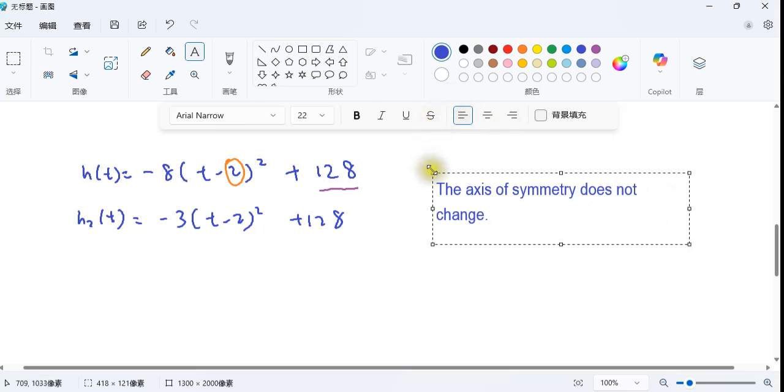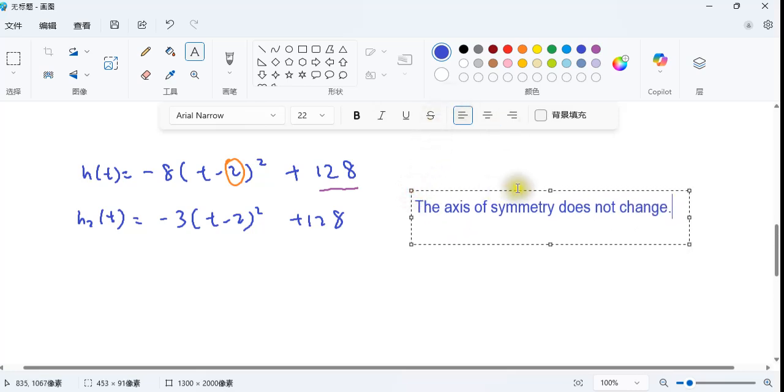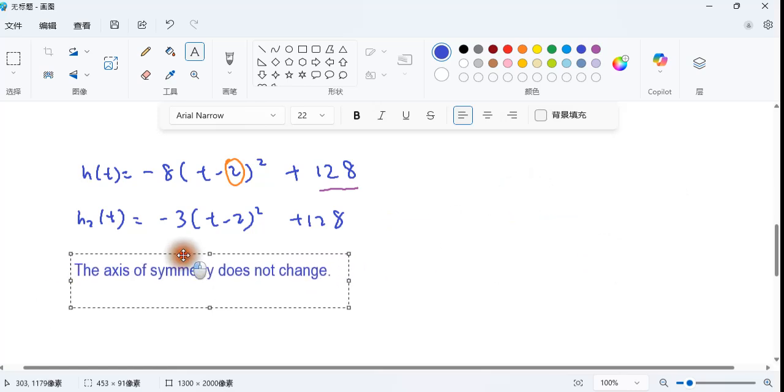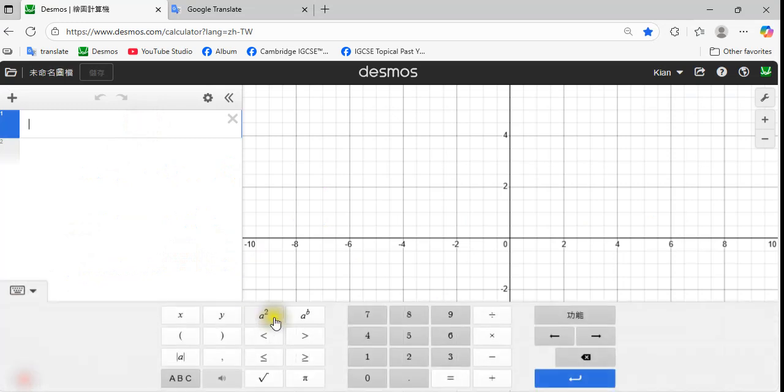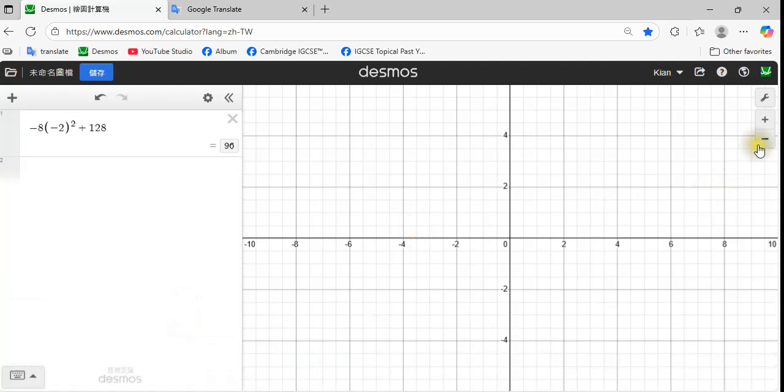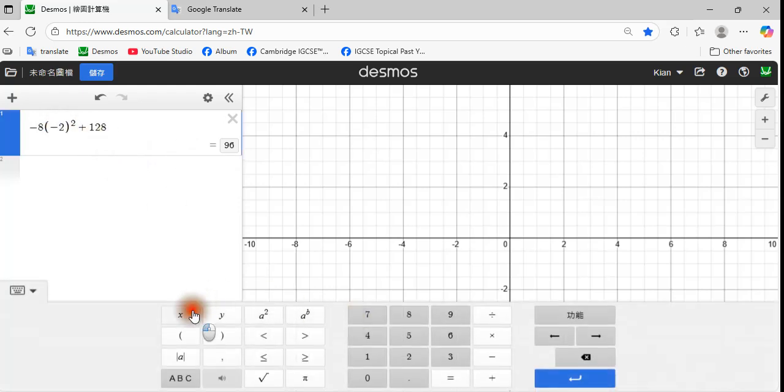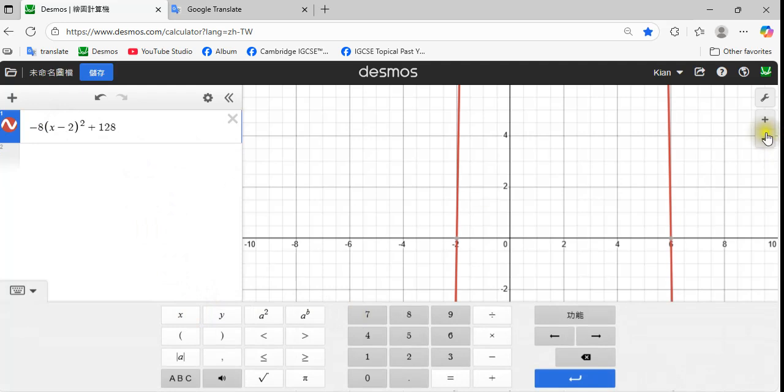Okay, same. Why this happens is we have this one. We have the -8 and then (x minus 2) squared plus 128. So x minus 2.